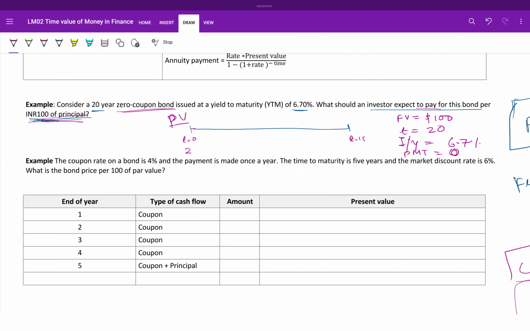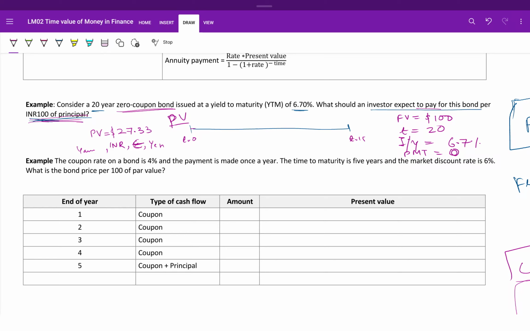So this is actually what the investor is going to pay: 27.33 INR, euro, yen, yuan, any other currency.